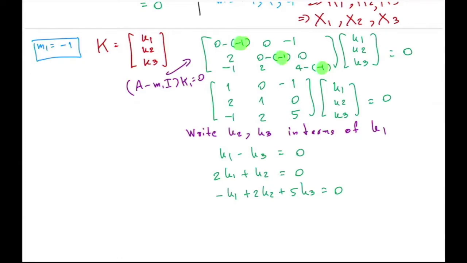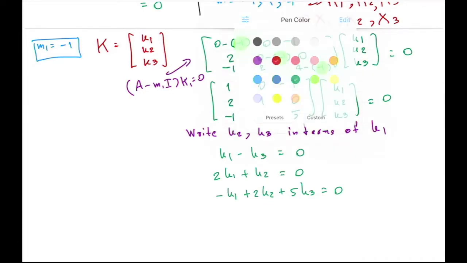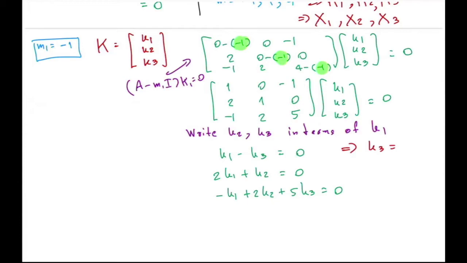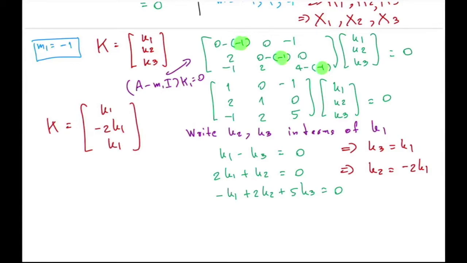So right now we have that K3 is the same as K1, and K2 is minus 2K1. So you can write K as K1, minus 2K1, and then K1 again, because K2 is minus 2K1 and K3 is K1.